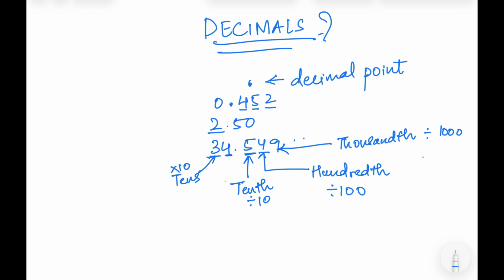We have taken three numbers, so now we know the place value of all the numbers. This is tens, ones, this is tenth, hundredth and thousandth, right? So this is the place value. So when you study decimals, the first very important thing is you need to know the place value of the numbers after the decimal point.